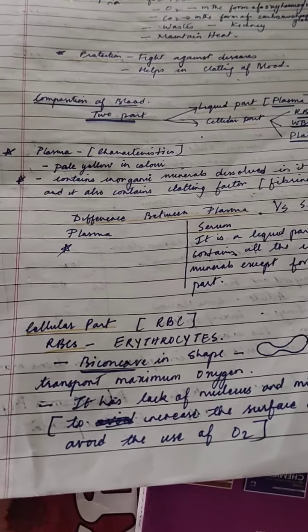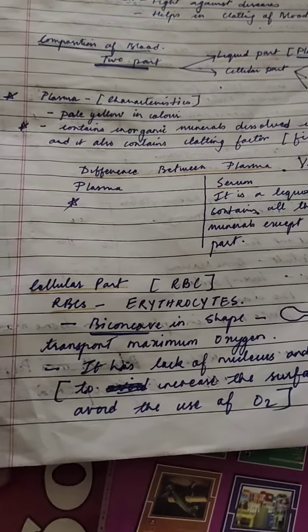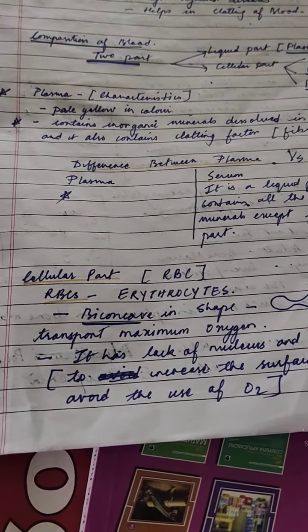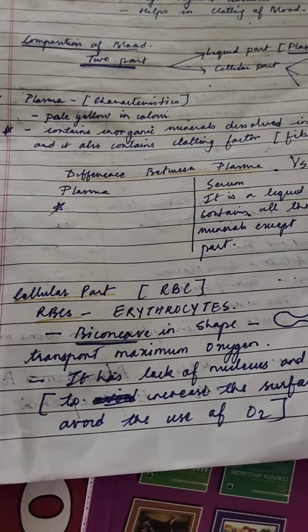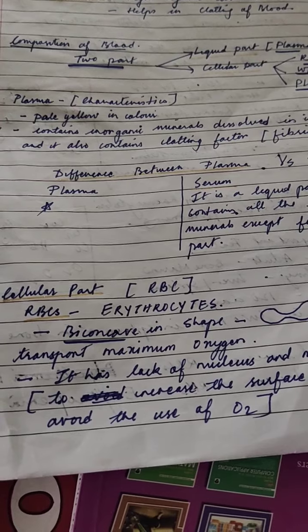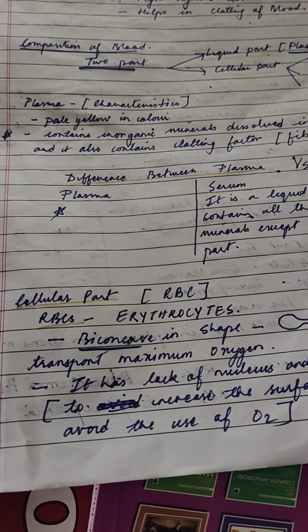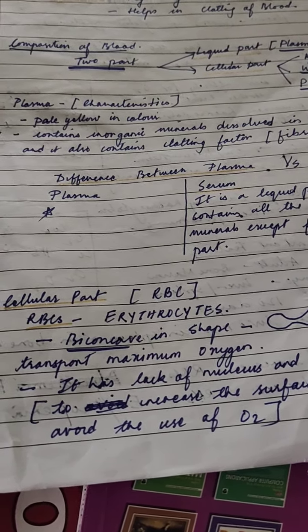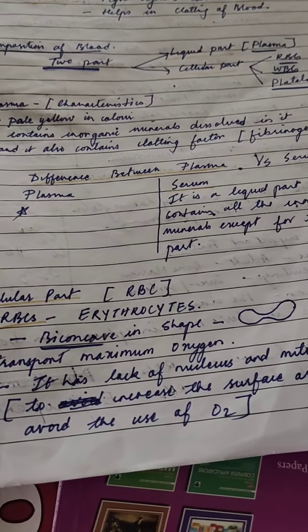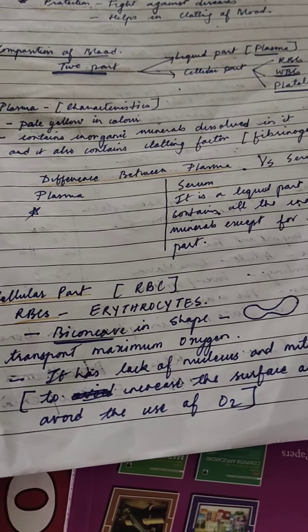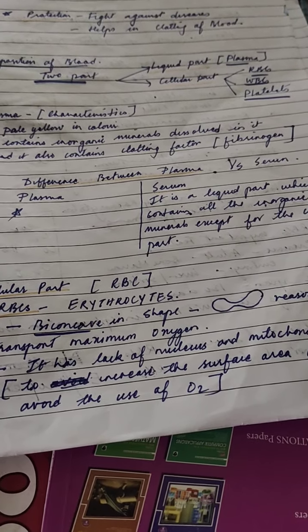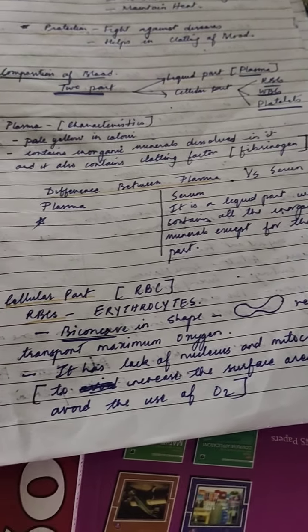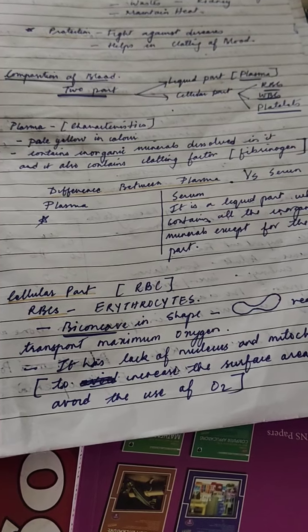Alright, so let's start with the cellular part. First we'll start with RBCs, red blood cells, but every time it's asked in the question, erythrocytes. Another name for RBC is erythrocytes. Let us understand the shape and why it lacks nucleus and mitochondria. It's biconcave in shape. The reason is to transport maximum oxygen.